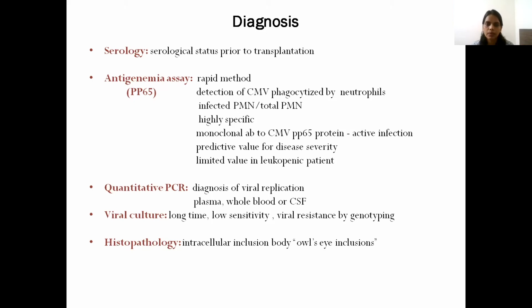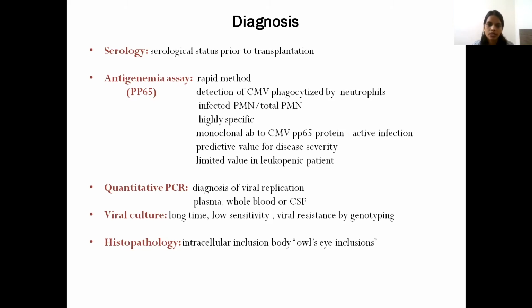This is a rapid method to detect CMV which is phagocytosed by the neutrophils in the peripheral blood. So the assay uses a ratio of infected polymorphonuclear cells to the total PMNs. This is highly specific, and the monoclonal antibody to the CMV pp65 protein is a specific and early marker of active infection.